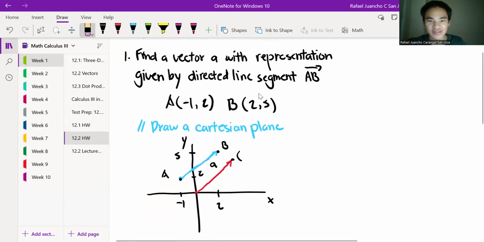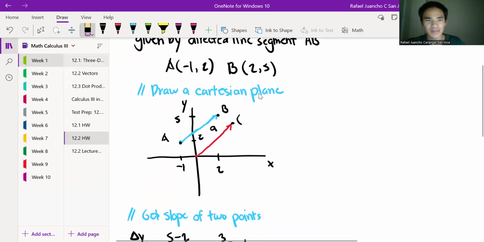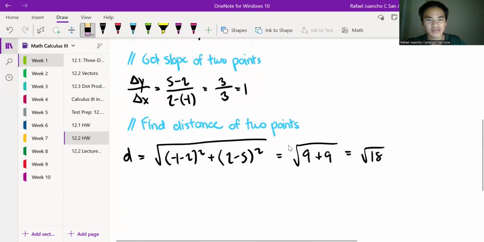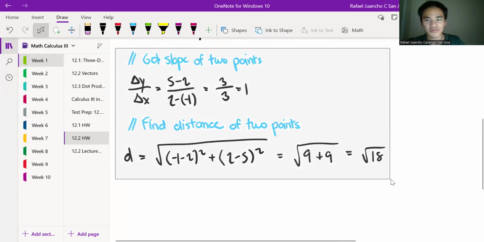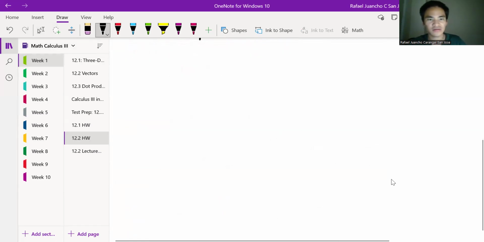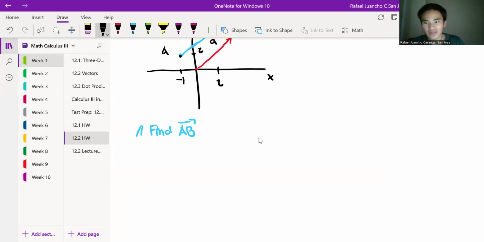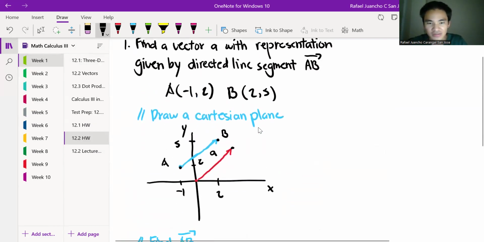That's what I want to find. So it's not necessarily the slope. It's just about getting the vector. So find this AB vector, right? And we're given these 2 points.